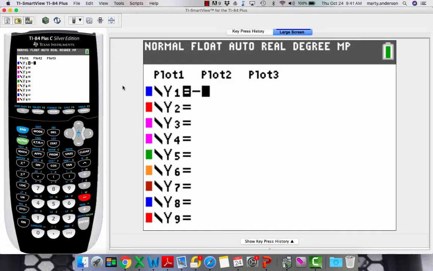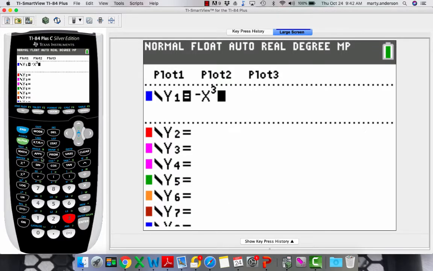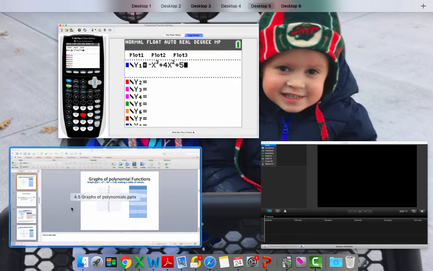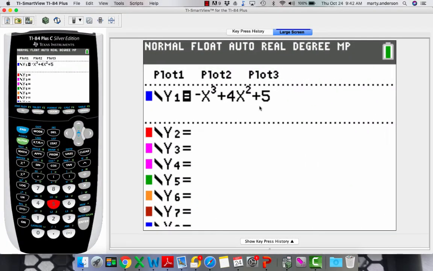Make sure you're using the correct negative and x cubed functions. Negative x cubed plus 4x squared plus 5. That is correct.